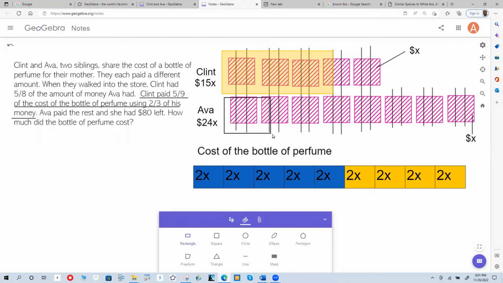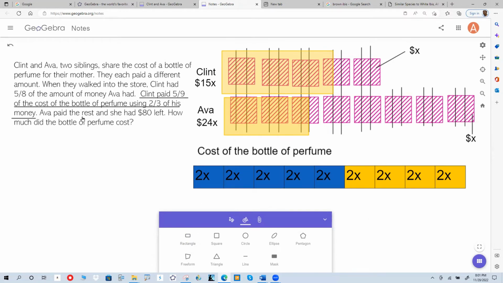This is what Ava paid, 6, 7, 8. Okay, from this picture in the bottom, Ava must have paid 8X. All right, hopefully you're with me so far.